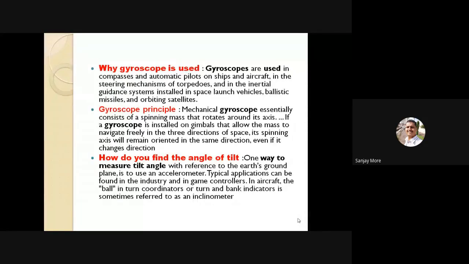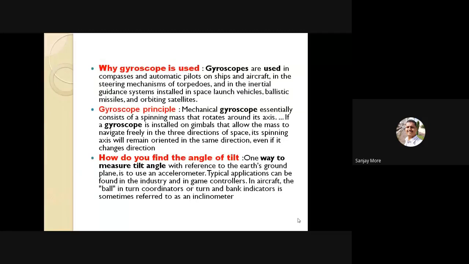If a gyroscope is installed on gimbals that allow the mass to move freely in the three directions of space, its spinning axis will remain oriented in the same direction even if the direction is changed. Three directions means x, y, and z.